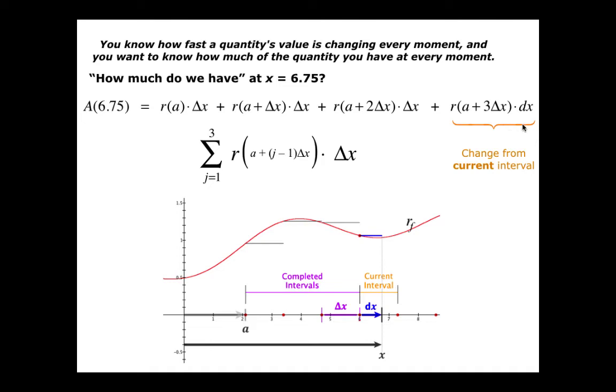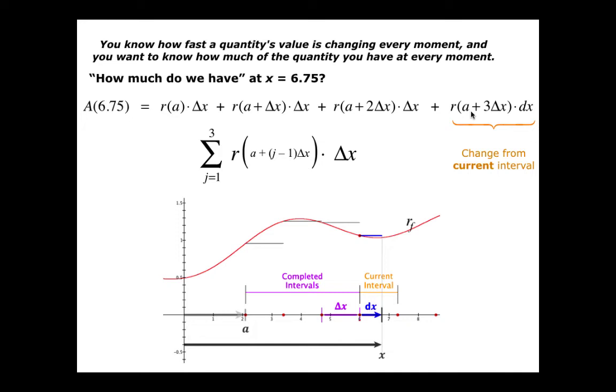All right, so what we don't have expressed quite so nicely is this one here, but it's not as similar to that term. It's got 2 pieces different from that, but it's somewhat the same. I've got a rate evaluated at the beginning of an interval again. It's the beginning of the most recent interval.